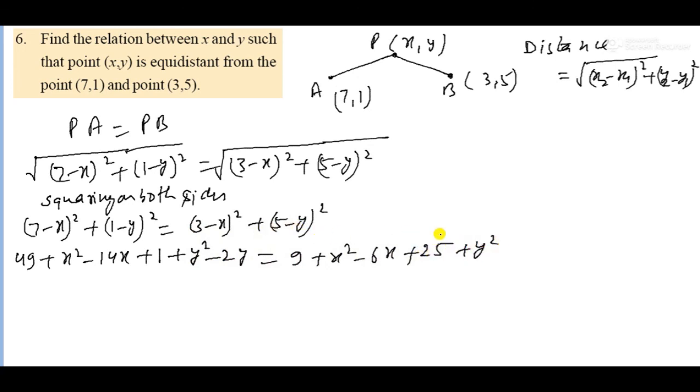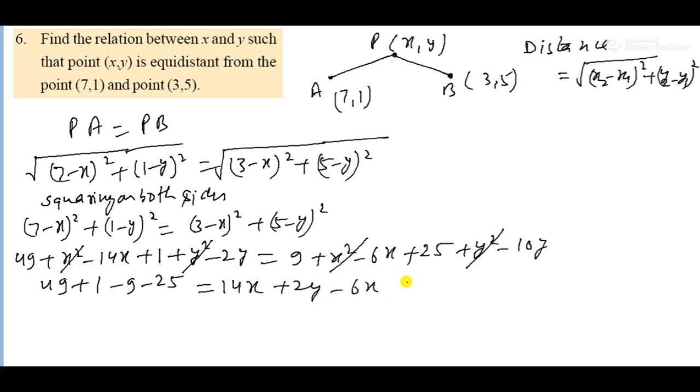As you know, distance is the square root of (x2 minus x1) whole square plus (y2 minus y1) whole square. So the square root of (7 minus x) whole square plus (1 minus y) whole square is equal to the square root of (3 minus x) whole square plus (5 minus y) whole square.